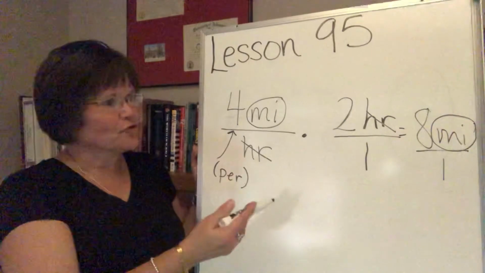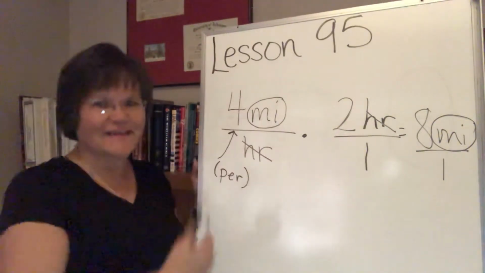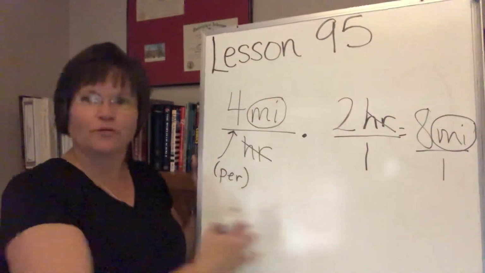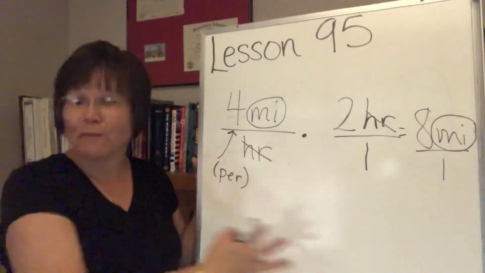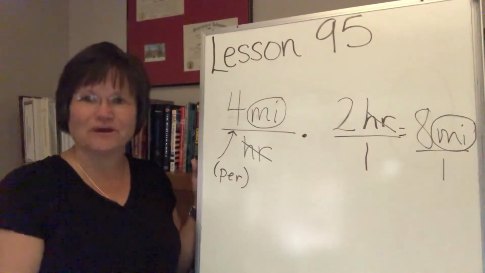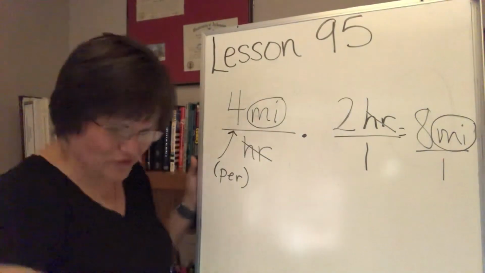You should practice setting up the multiplication, the proportion problem, and practice multiplying and canceling the units so that you know how to solve more difficult problems in the future.